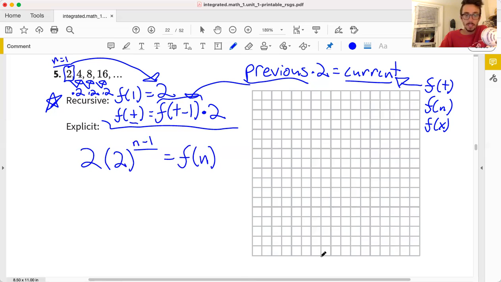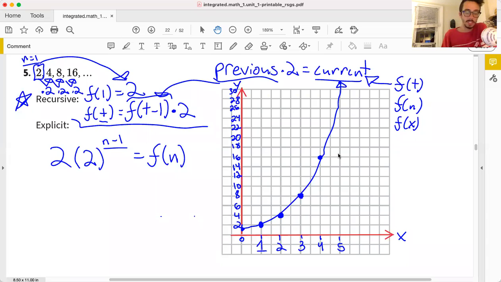So take a moment, try graphing this. So this is what this graph would look like. So what happened? Recall that the y-axis goes from down to up, the x-axis goes from left to right. I spaced out my x-axis in increments of, for every 2 blocks, it's only 1 plus 1.